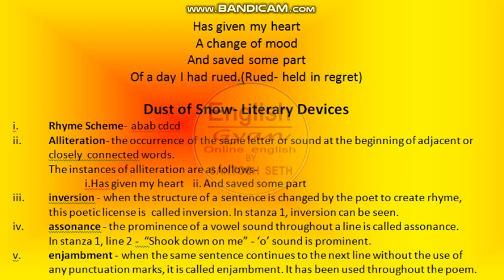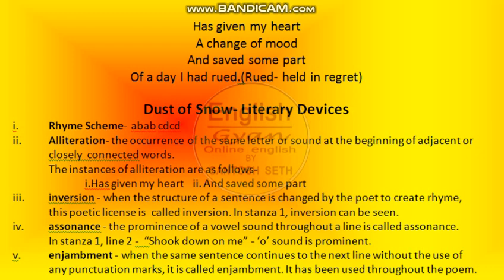Next is assonance. It is also similar to alliteration, but here the importance is given to vowel sound. Shook down on me. So in shook down on, the O sound is prominent, so this is assonance.